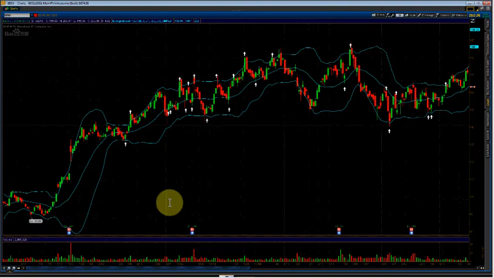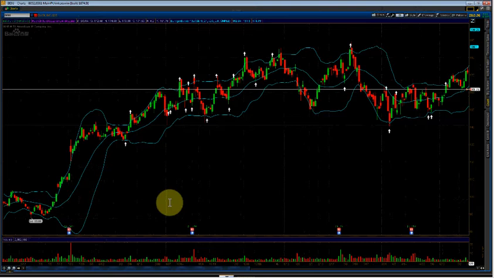When you invest, you buy something and you hold it for a long time. Trading's not like that, is it? I invest in many things. I buy many things and I hold it for a long time.